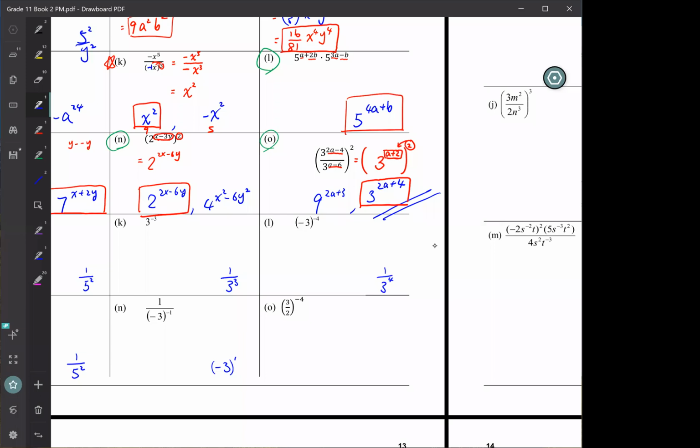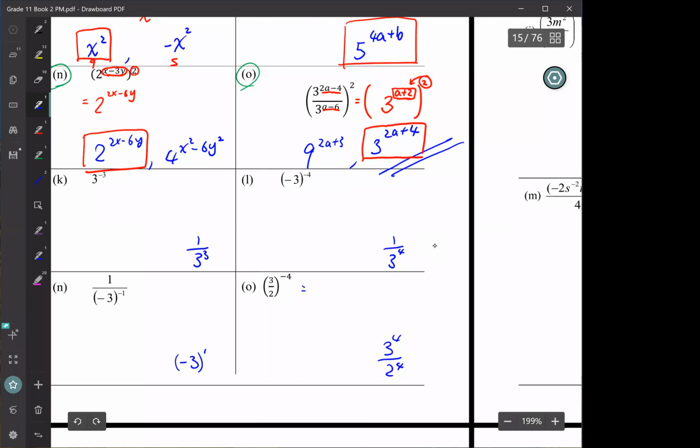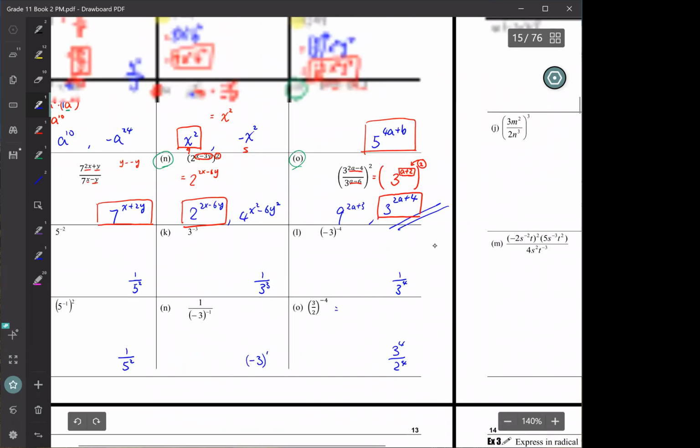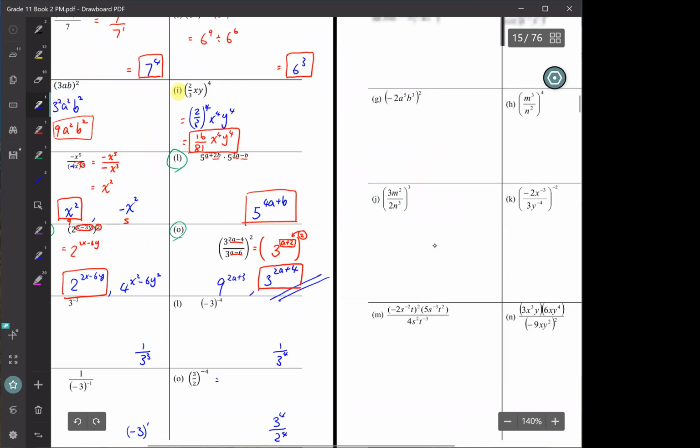Is it 3 to the power of 4 over 2 to the power of 4? Did you follow the example? Yes. Can you tell me your first step? Remove the exponent. Wait. You look at the example, right? What was the first thing that we did?